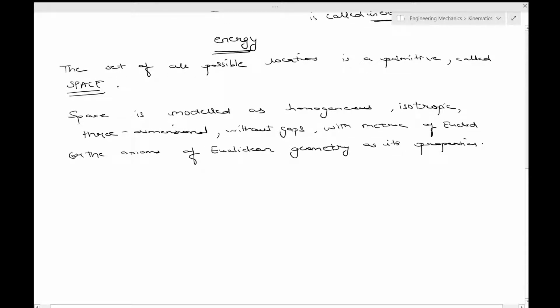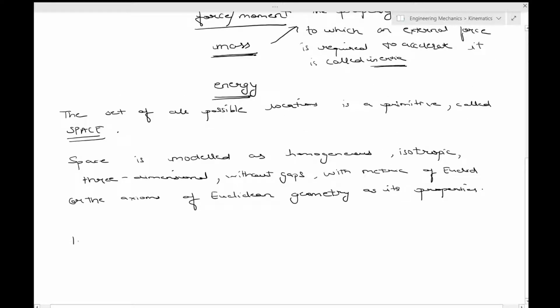So space is modeled as homogeneous. So let's see the meaning of this word homogeneous. This means consisting of one type only.